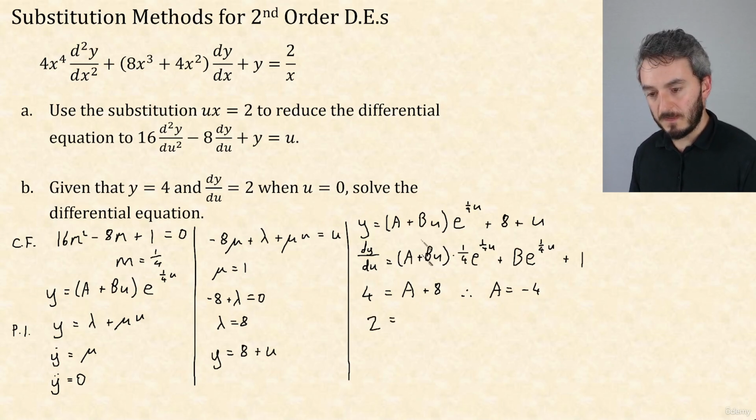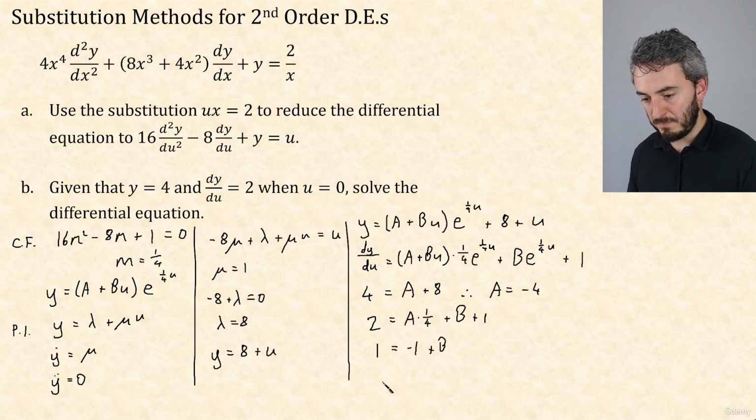So we've got a plus 0 times e to the 0 times a quarter times e to the 0 plus b times e to the 0 plus 1. So we know that a is minus 4. So subtracting 1 from both sides, we've got 1 equals minus 4 times a quarter, so that's minus 1, plus b, and therefore b is 2.